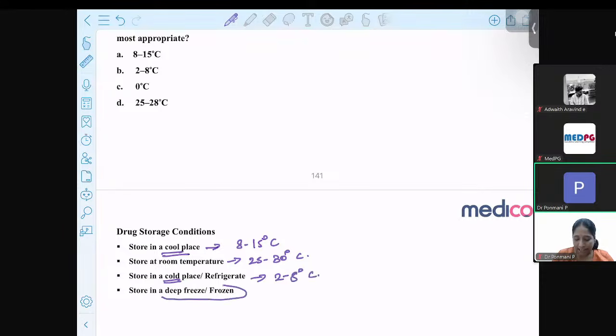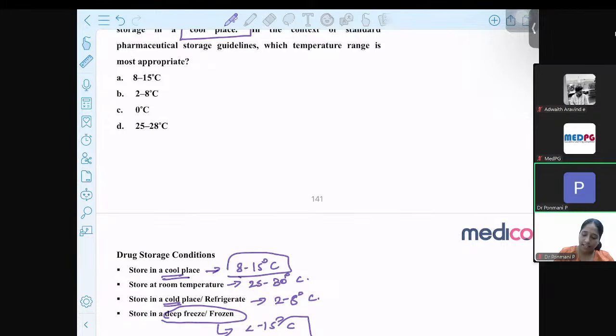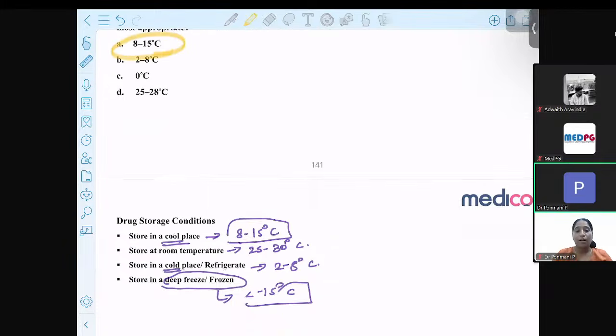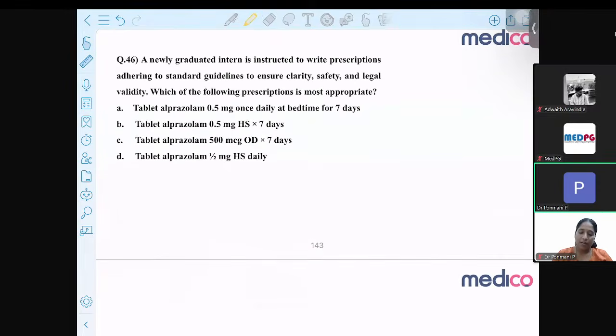And deep freeze means when it is in minus, that is, less than minus 15 degrees, okay? It can be deep freeze. So, store in a cool place means what is the degree? It is 8 to 15 degrees. So, you must remember all these degrees for the drug storage condition. Now, moving into the next thing.